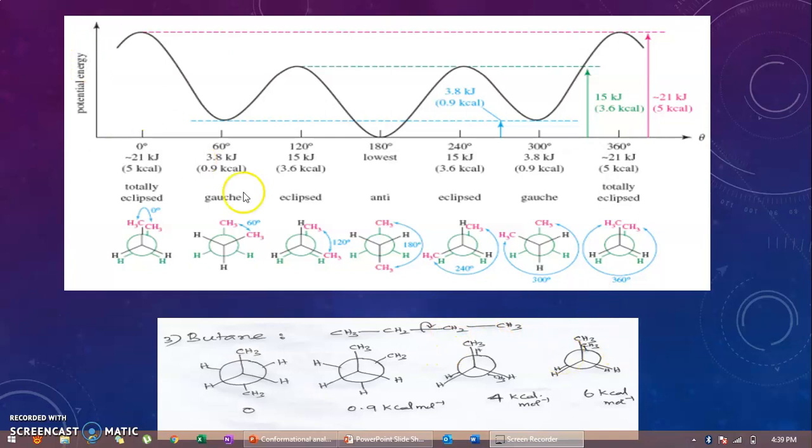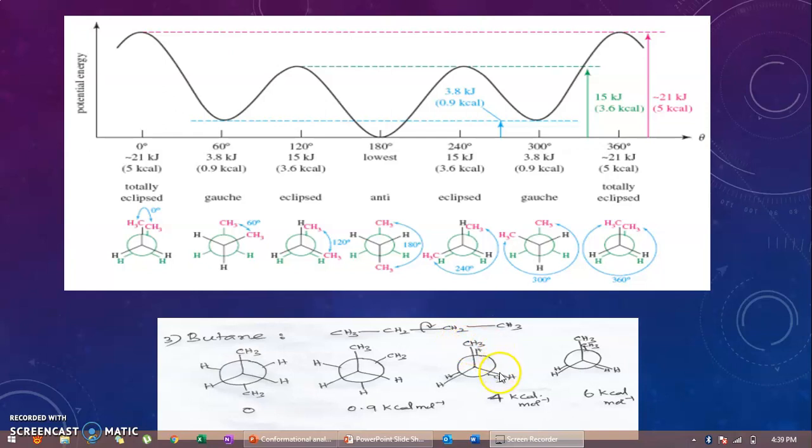Then in the partially eclipsed conformation, we have eclipse strain between methyl group and hydrogen, and the value of the eclipse strain between methyl and hydrogen is roughly 1.5. So this is one, and like this we have two pairs, right?